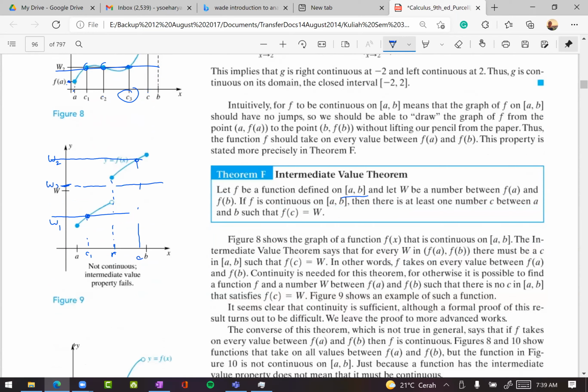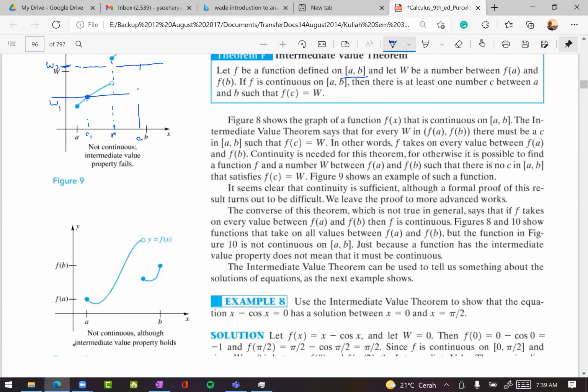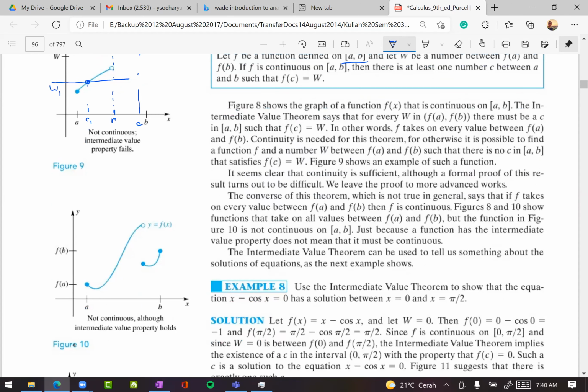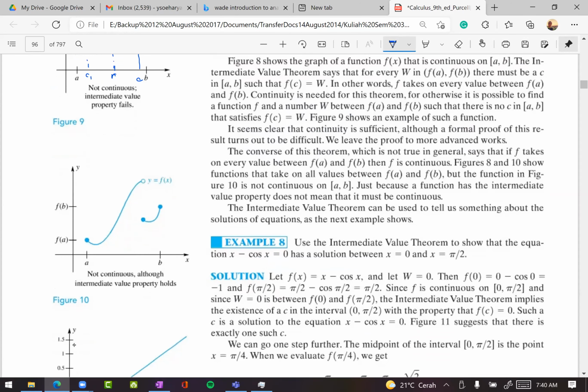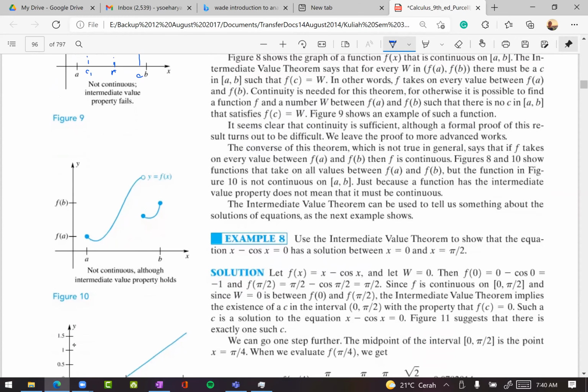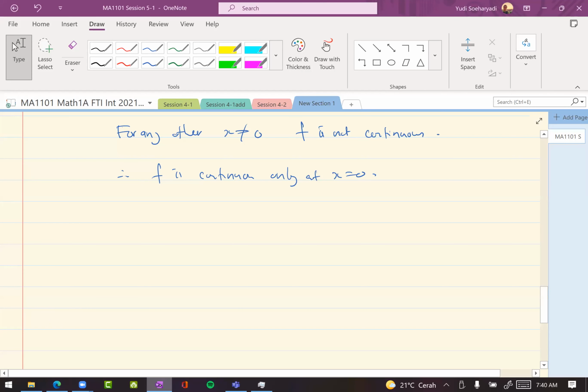Intermediate means values between f of a and f of b. So you have some values there.